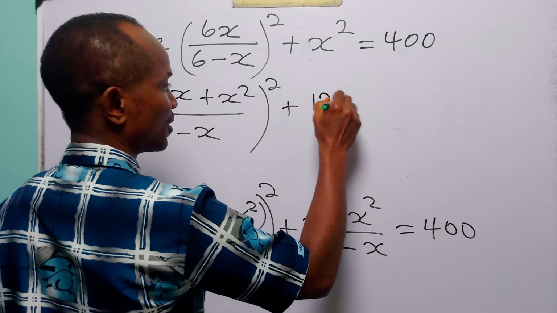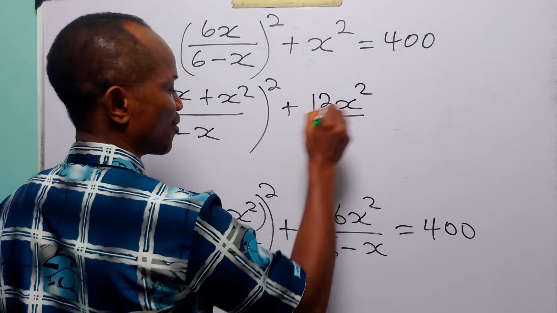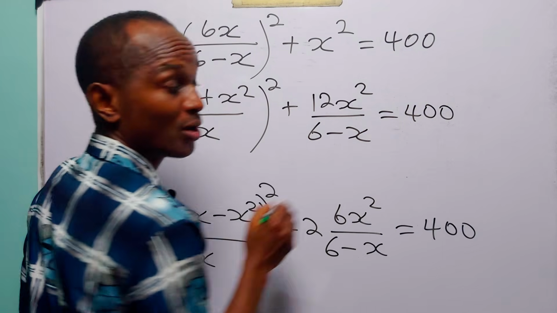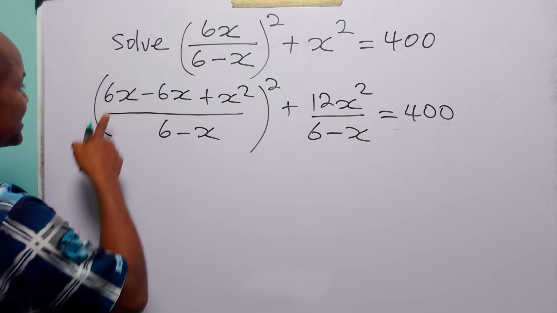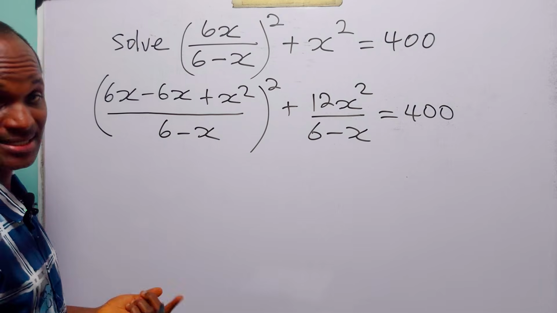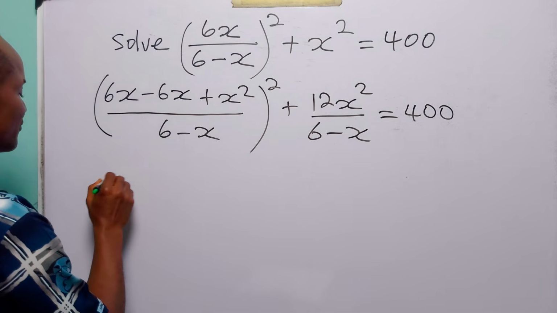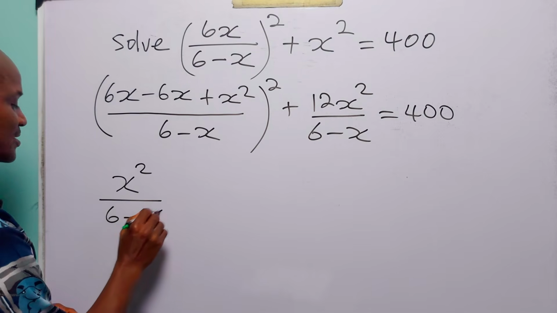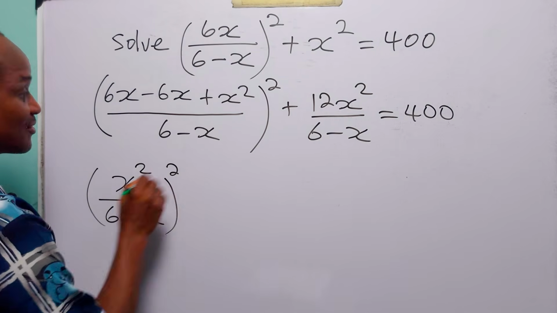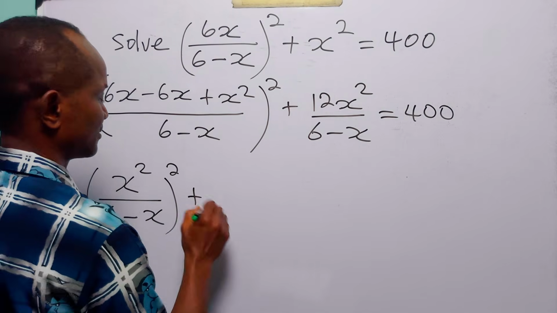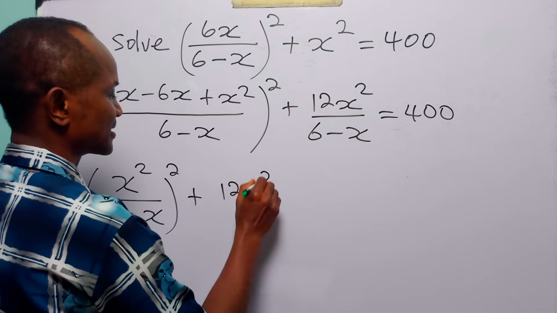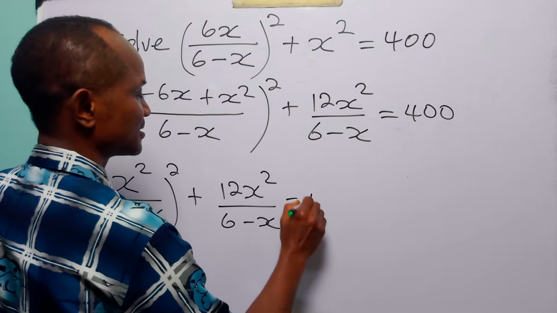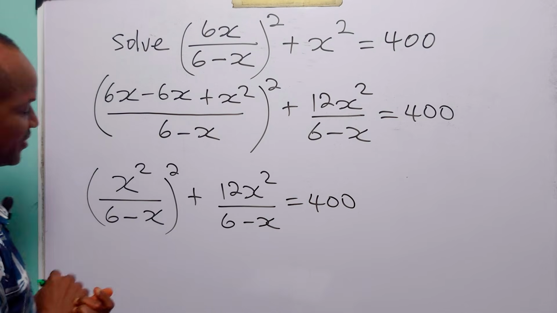So this is 12x squared over 6 minus x, and this is equal to 400. 6x minus 6x is equal to 0. So here we have x squared over 6 minus x, squared, plus 12x squared over 6 minus x. This is equal to 400.